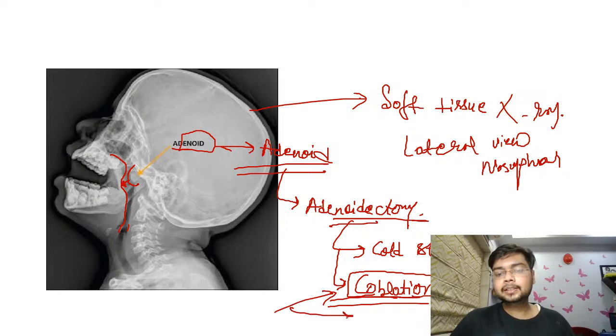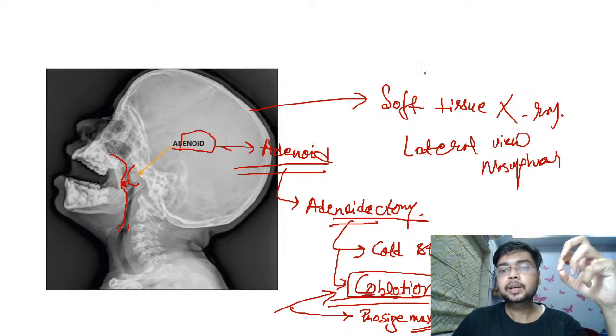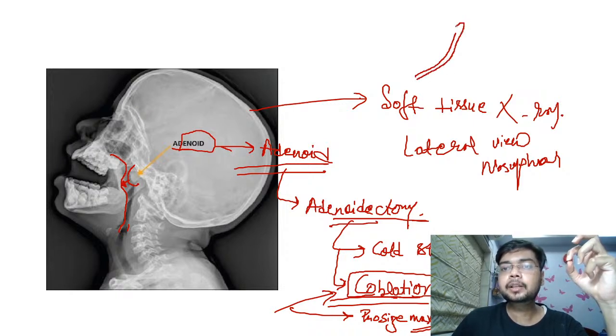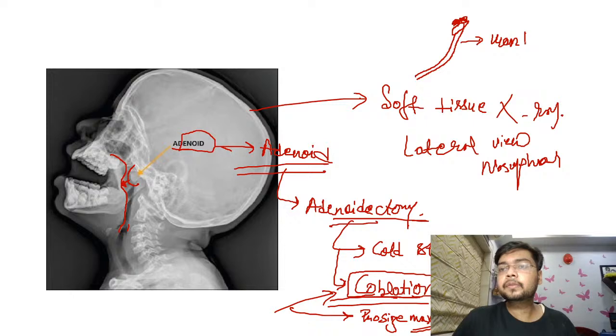The wands are like the ProSize Max. You should just Google the coblation wand and see the image, otherwise I'll post it in your Telegram group. It is something like a strand with a tip having some metal in the tip.